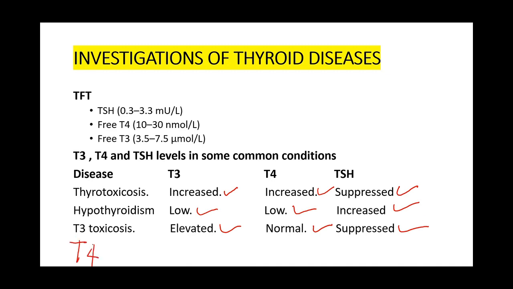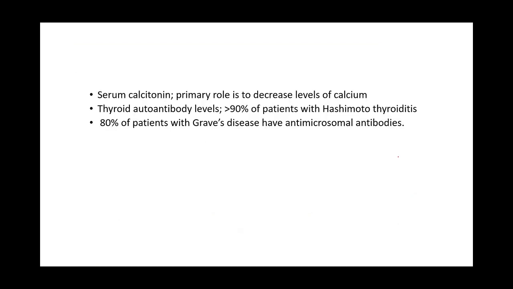For elevated T4 toxicity, the T3 is normal, the T4 is elevated, TSH is suppressed. And this is common in toxicosis.